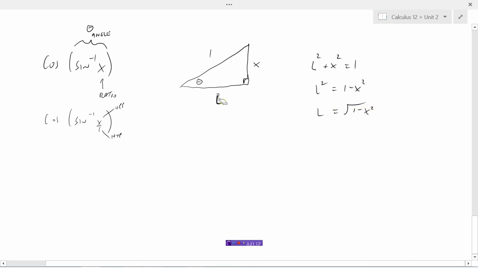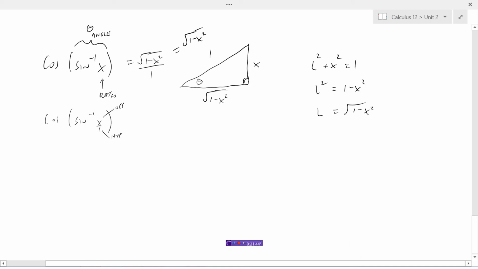So now let's replace this. And now we can answer the question, what is cosine of theta? Cosine of theta is adjacent over hypotenuse. So root 1 minus x squared over 1, which is just root 1 minus x squared.